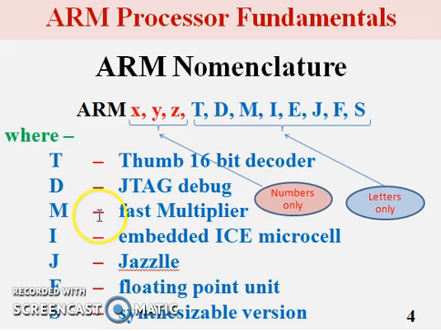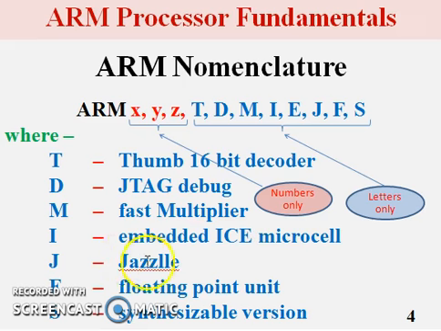M stands for fast multiplier, so that processor has the multiplier feature present in it. I stands for embedded in-circuit emulator, so we can emulate the system. That feature is available in that processor.